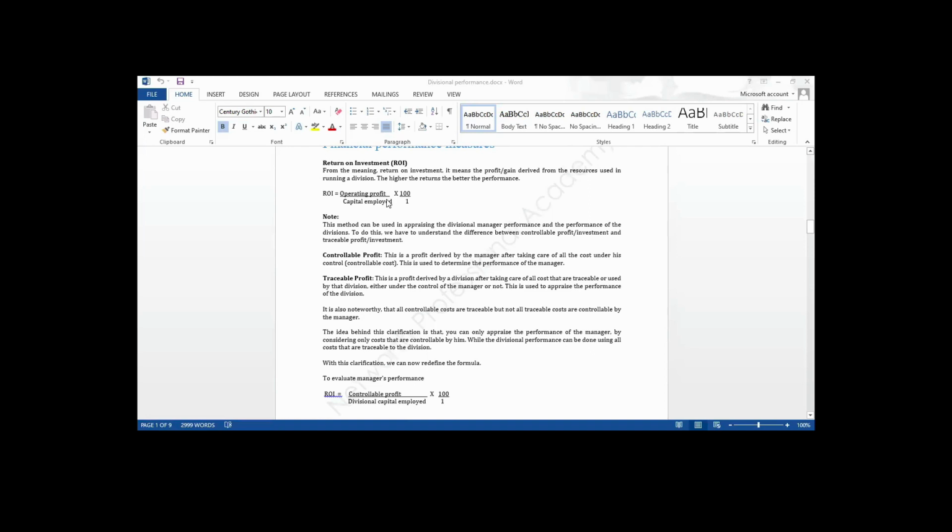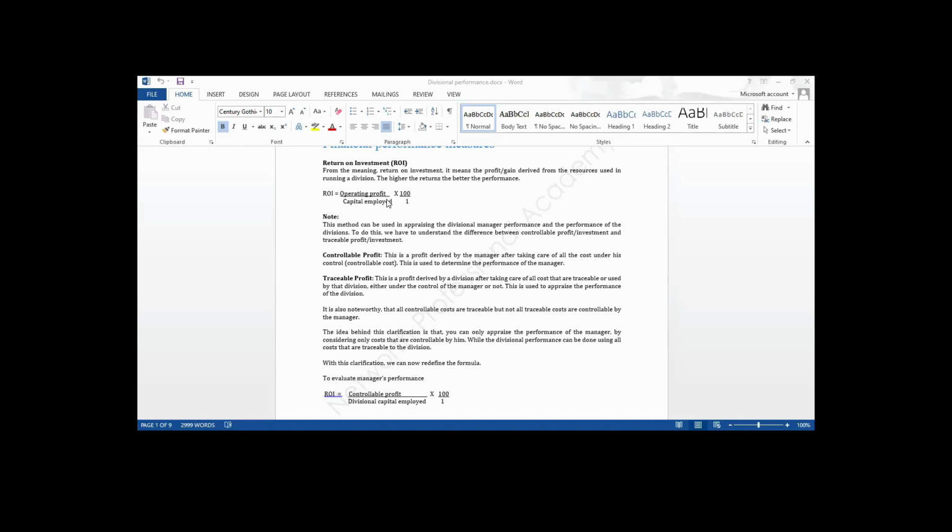We have traceable profits. This is the profit derived by a division after taking care of all costs that can be traced to that division, whether within the control of the manager or not. Your division has taken a loan and there is interest cost.